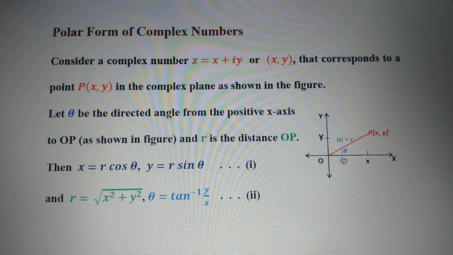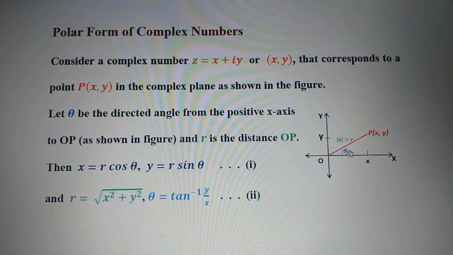Now what is this angle? The angle will be here in the fourth quadrant, and therefore it is the negative of this angle theta. So the argument of z bar is the negative of this angle theta, that is, minus theta.